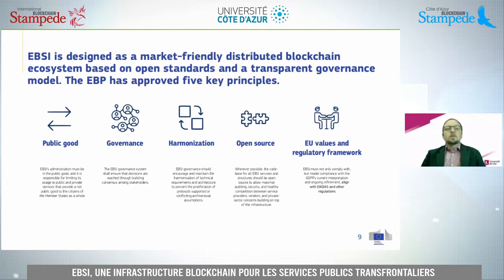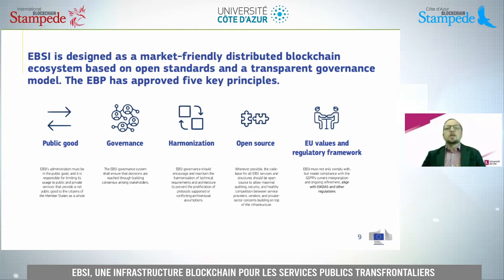Governance. The governance of EBSI answers the trust problem by selecting the operators. The operators are only public bodies appointed by their government, and to enable the immutability, you need to have really decentralized operations.